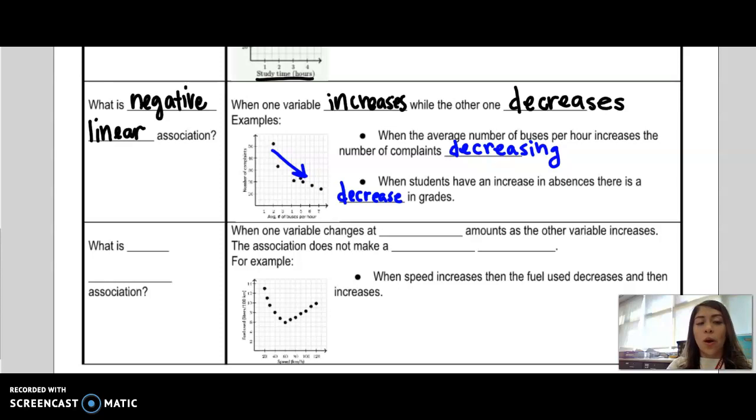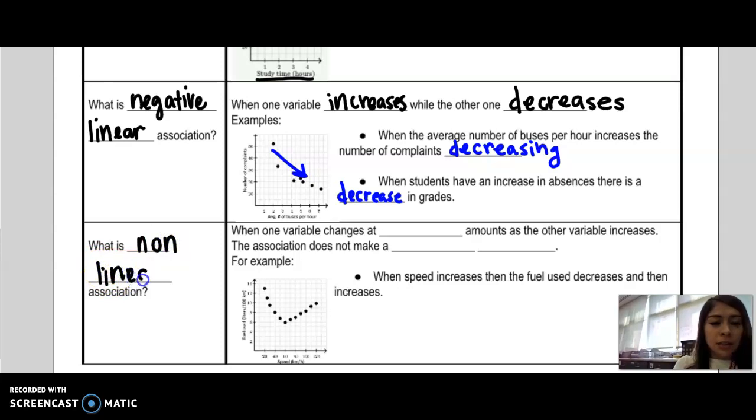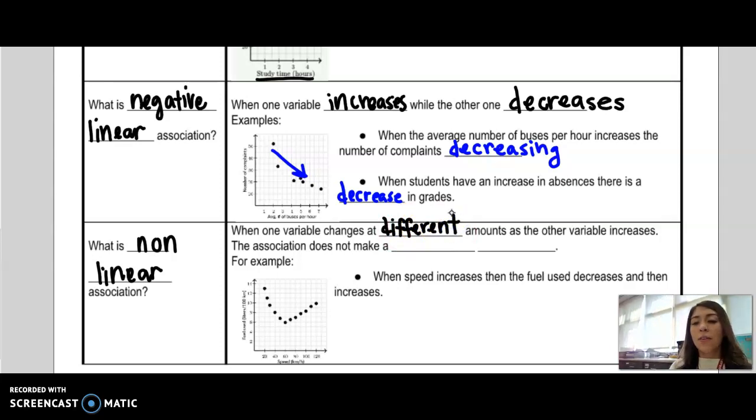Okay, the next one that we are going to talk about is what is non-linear association. That is when one variable changes by different amounts as the other variable increases.